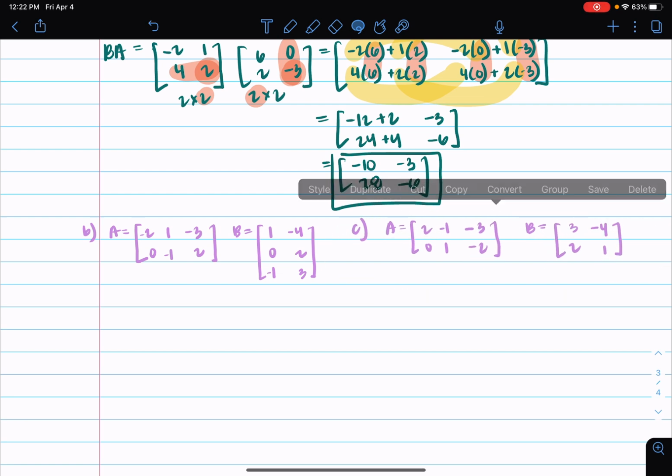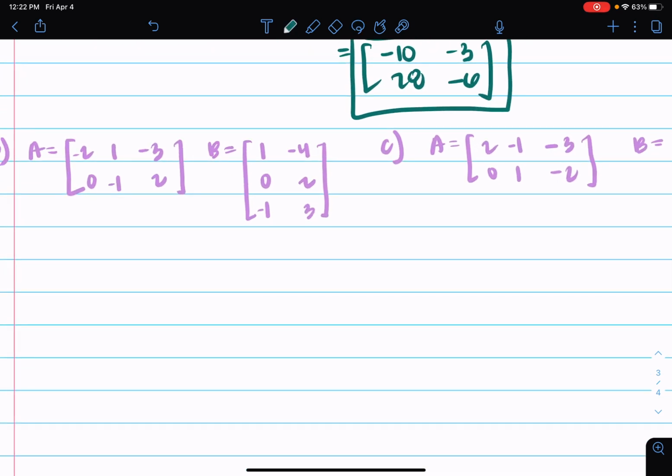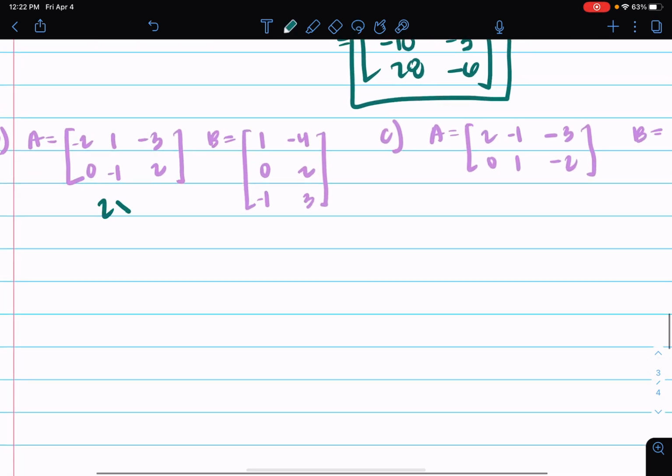I want to show you guys a couple other variations. This is a row by column, so 2 by 3. This is row by column still. The 3's match up, so we're good to go with AB.